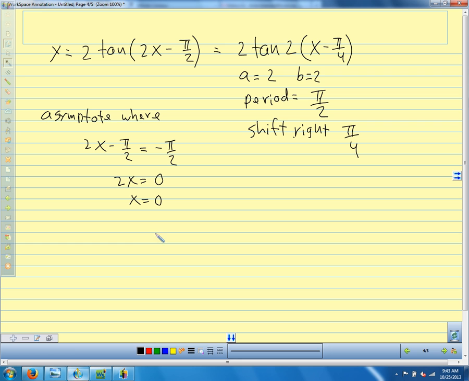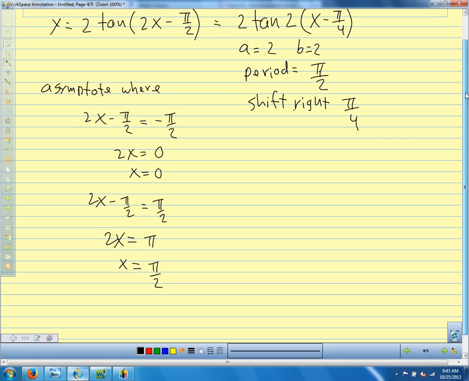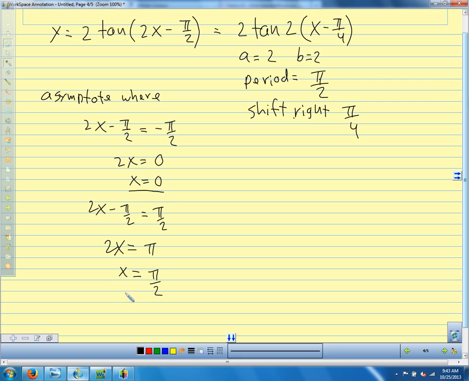So I'm going to have one asymptote at x equals 0, and where 2x minus pi over 2 equals positive pi over 2. This tells me that 2x equals pi over 2 plus pi over 2 is pi, or x equals pi over 2. So I get an asymptote at x equals 0, asymptote at x equals pi over 2. My period is pi over 2. The distance between my two asymptotes is pi over 2.